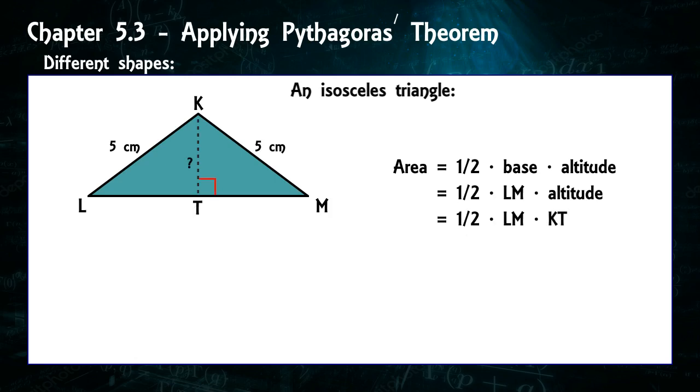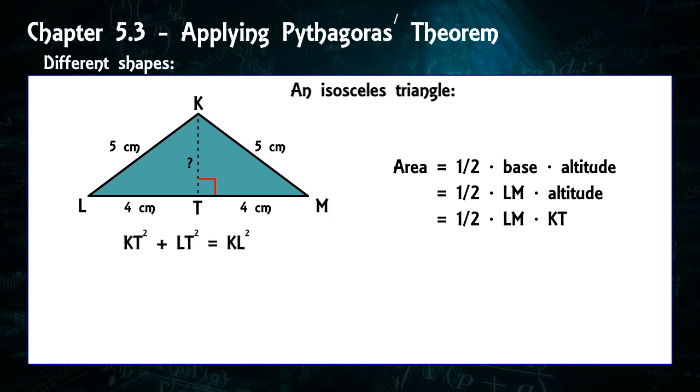Luckily, we can use Pythagoras' theorem to figure this one out. We turn our attention to triangle KTL, where KL is 5 centimeters. As point T is in the middle of LM, we can conclude that LT is 4 cm. We use these numbers in our theorem.